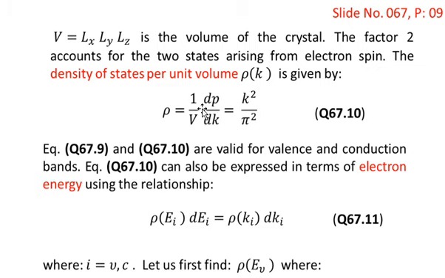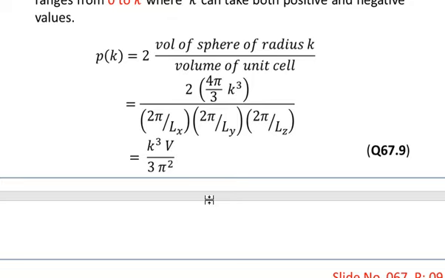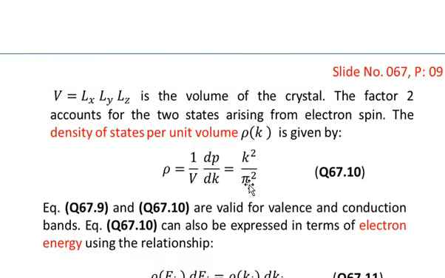If you take the derivative of P with respect to k, you will get k squared over pi squared, and introducing the value of V, which is equal to Lx into Ly into Lz, this rho is the density of states per unit volume. Rho is given by equation number 10 and is equal to k squared over pi squared.